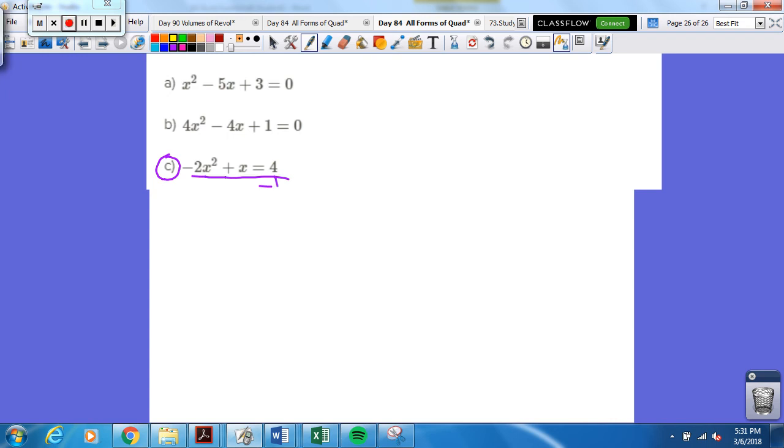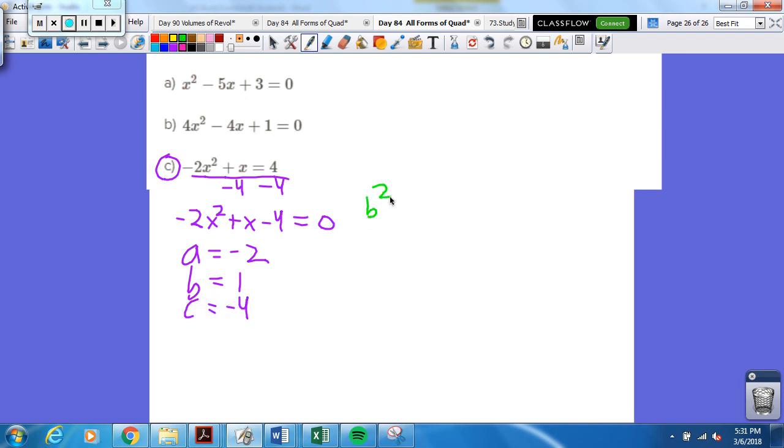So, I had to subtract a 4 first on this one. So negative 2x squared plus x minus 4 equals 0. So I have a is negative 2, b is 1, and c is negative 4. All right, let's get our discriminant going. So b squared minus 4ac, b is 1 squared minus 4, a is negative 2, and c is negative 4.